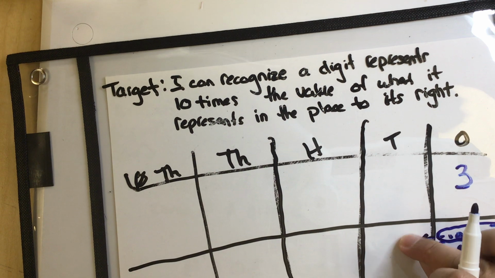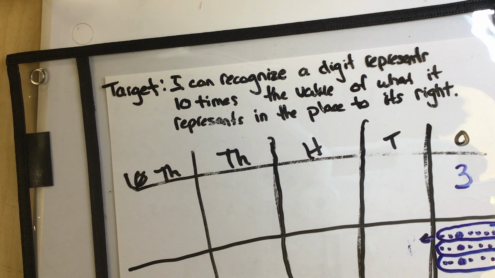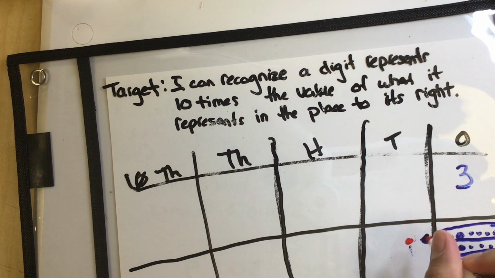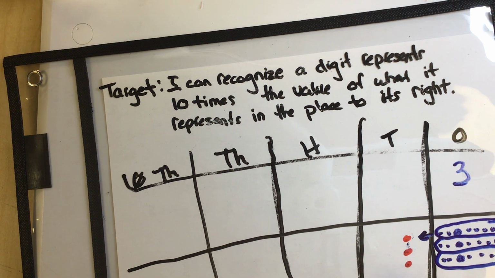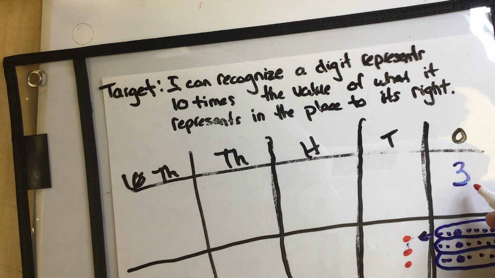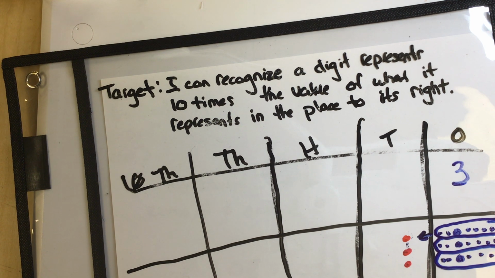So let me go to red. So each group of 10 will represent 1 dot for the value to its left, which means that this value is now 30. We started out with 3. Now we end up with 30 because 3 times 10 equals 30.